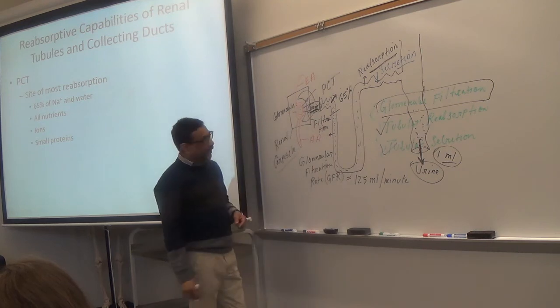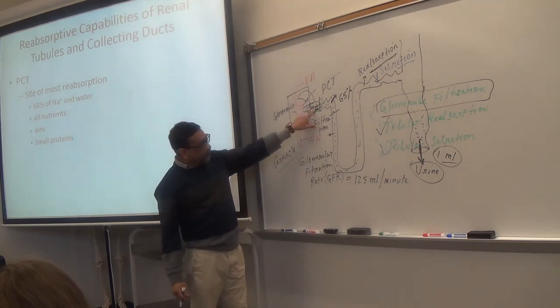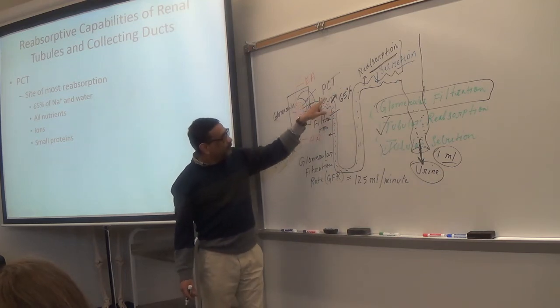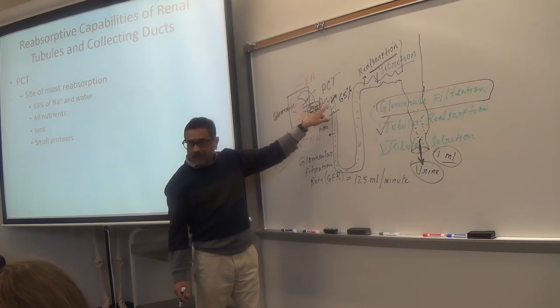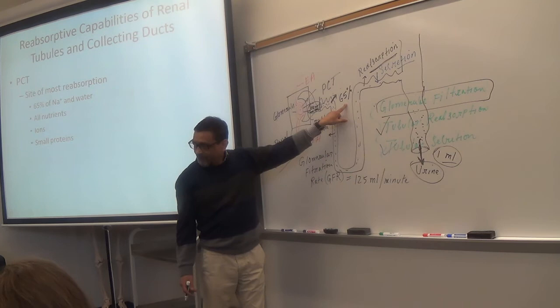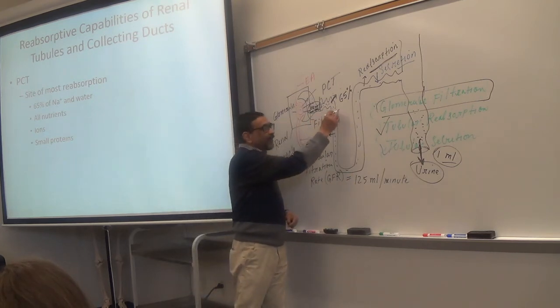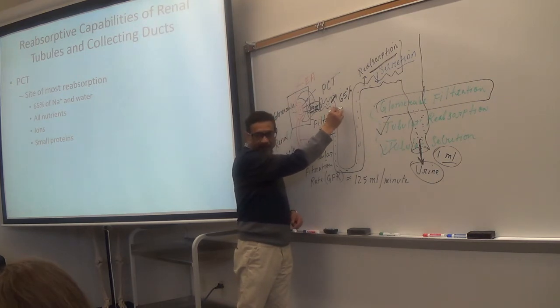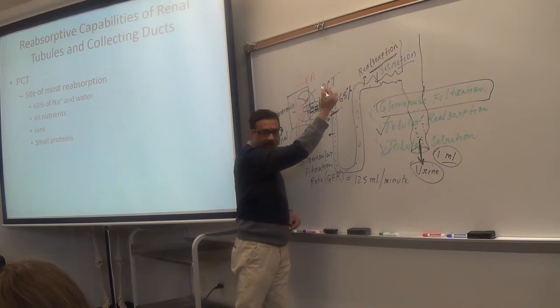Now everybody tell me, if the volume is 100 here, how much will be reabsorbed when it passes through the proximal convoluted tubule? 65 milliliter, makes sense? So how much will remain here? 35, makes sense? So only 35% remains here, right? The 65% is reabsorbed. Okay, good.